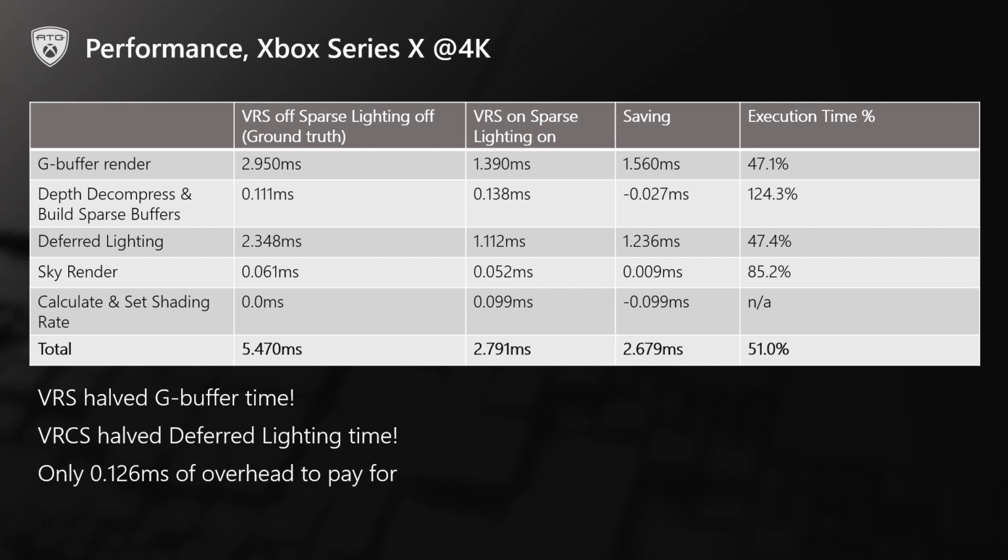Deferred lighting cost here has massively dropped. We were at 2.3 milliseconds. With sparse lighting, we're down to 1.1, so 47% of the time. The rendering of the sky is not very complex. There are no clouds. A small saving from variable rate shading.